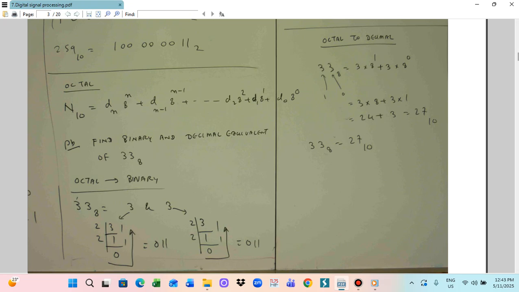That way we just take Cn multiply 16 power n plus Cn minus 1 multiply 16 power n minus 1 plus, and so on, then C2 multiply 16 power 2 plus C1 multiply 16 power 1 and then C0 multiply 16 power 0. So this is for the hexadecimal equivalent.